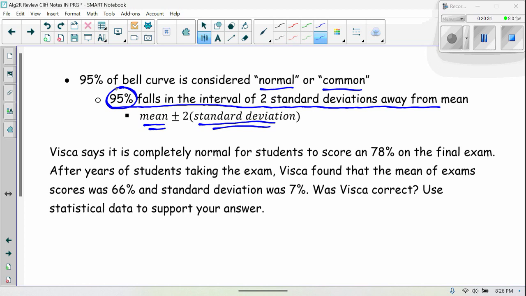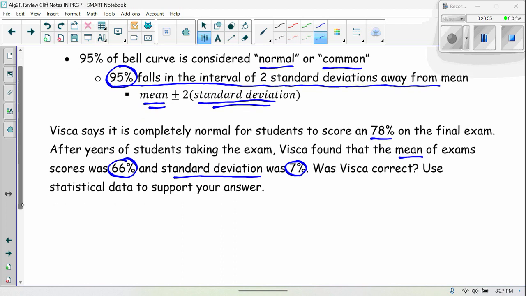Visca says it's completely normal for students to score a 78 on the final exam. After years of students taking the exam, Visca found that the mean of the exams was 66 and the standard deviation was 7%. Was Visca correct? Use statistical data to support your answer.